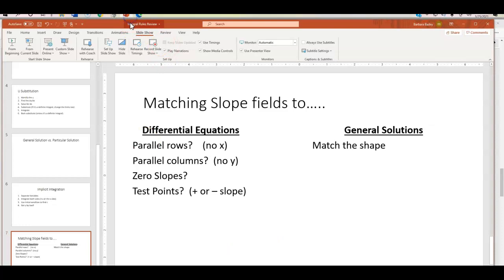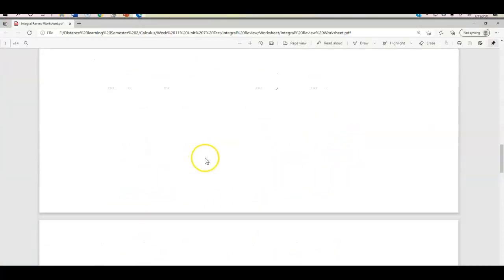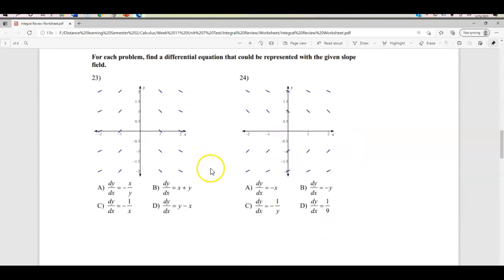So for instance, let's take a look at this worksheet here. If you were to graph this one here, it kind of looks like they're following a parabola shape. It's a sideways parabola, which would mean that it's going to be a y squared of some kind. That would be the general solution, though.